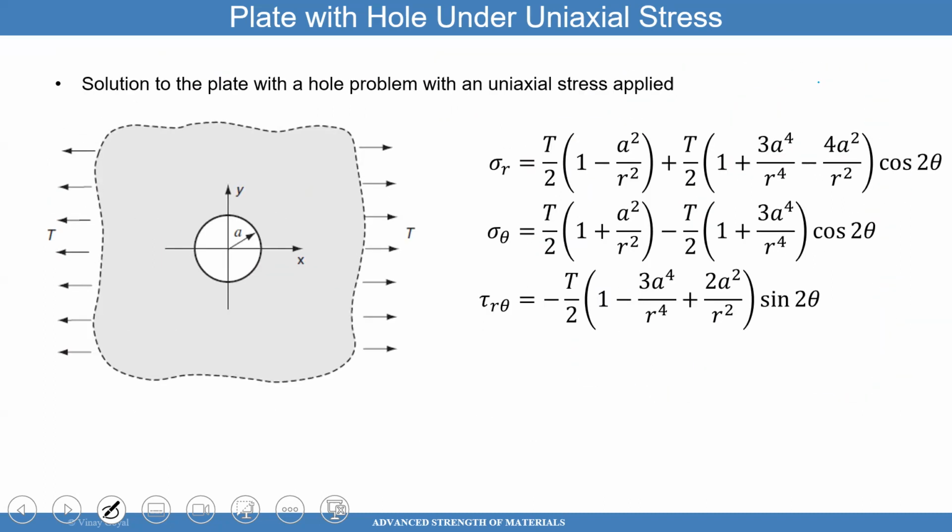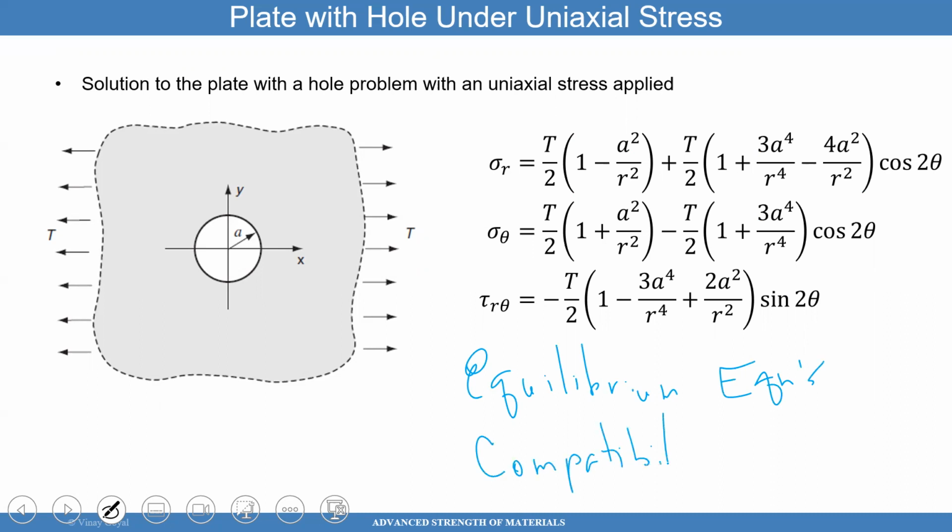So therefore, you're not only satisfying the equilibrium equations, you're also satisfying the compatibility equations automatically. And that shows you the power of the Airy stress function. Very powerful idea.